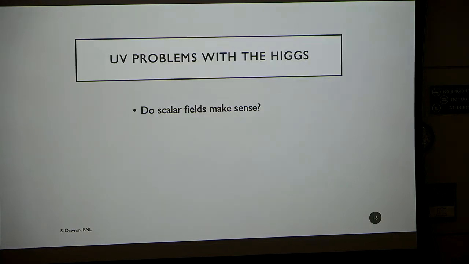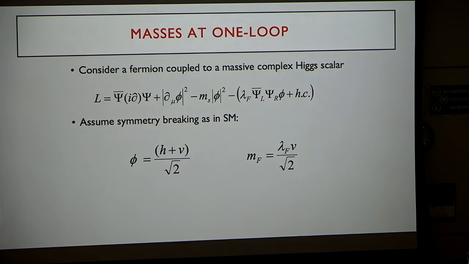Okay, so what else do we have as problems with the Higgs? The question is, do scalar fields make sense? Let's think about how fermions and scalars are different. Suppose I go back to my U(1) abelian theory that I had on the first day.